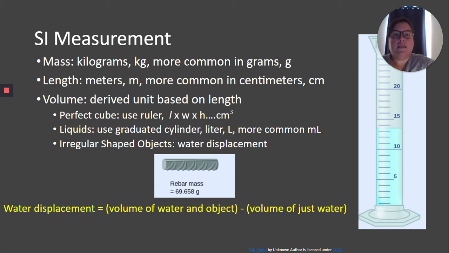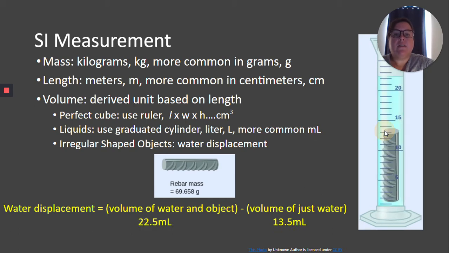So in our graduated cylinder right now, we have about 13 and a half milliliters. We add our rebar and the water goes up to about 22.5 milliliters. So if we subtract out the water, then we're just left with the volume of the rebar to be 9.0 milliliters.